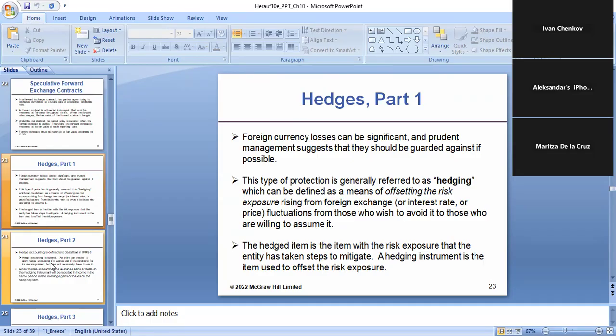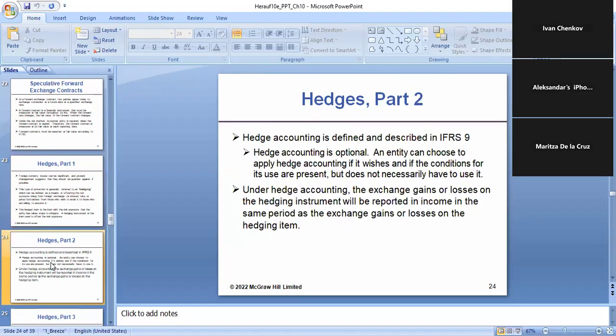Hedge instrument is the item that we use to offset the risk. The hedge instrument can be foreign forward contracts or future contracts or options, whatever instrument you call it.